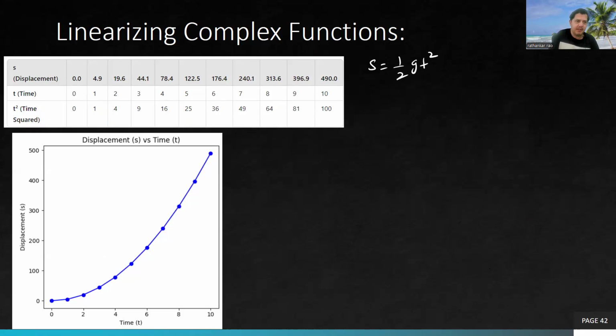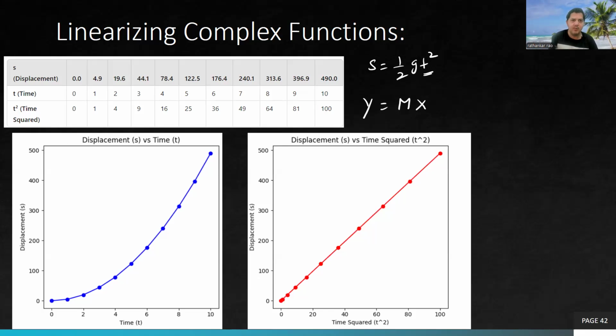But if you square t, consider that as your variable, and plot s versus t squared, what will happen? Now s is plotted on the y-axis, so this is equal to y, and half g I will take as a constant, m. If I take t squared as the variable x, then what do you get? You should ideally get a straight line which passes through the origin, something like this.